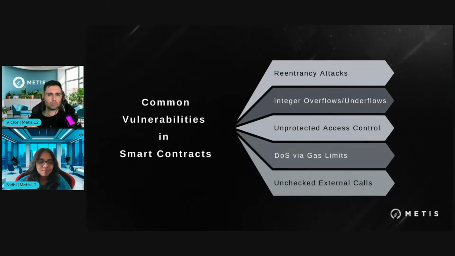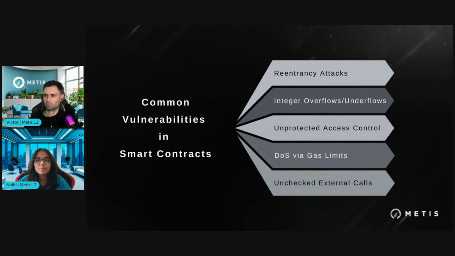But yeah, let's see the common vulnerabilities in a smart contract. Let's take a closer look at some of the most common ones. This is not all of them, but these are the most common. The reentrancy attack: we almost all might have heard about the DAO hack, which happened because of this vulnerability.